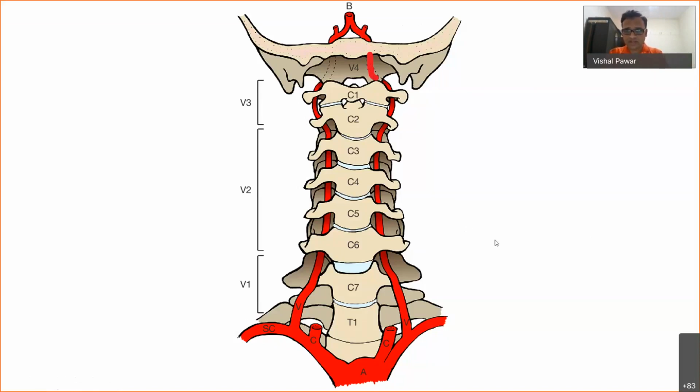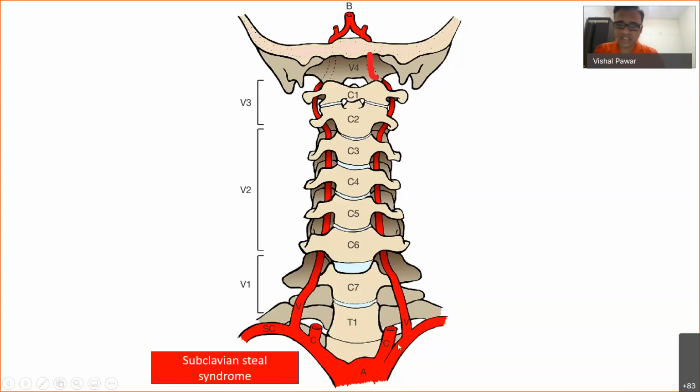There are various vertebral artery pathologies that we know. One is subclavian steal, in which there is stenosis of the first part of the subclavian artery, proximal to the origin of the vertebral artery. So suppose there is a stenosis here. The left arm supply then comes through retrograde flow in the left subclavian artery from the contralateral vertebral artery, via the basilar.